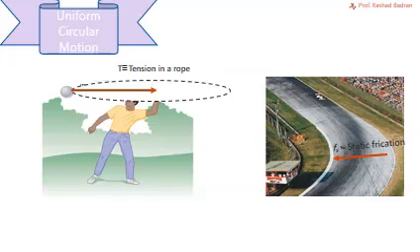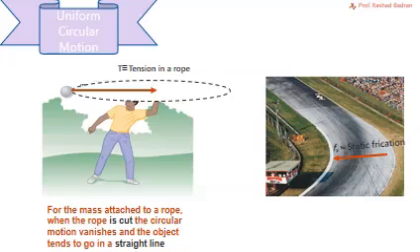Now, the question you might ask: what if this rope is cut? Well, in this case, the circular motion will cease and the object will go in a straight line at the instant the rope is cut.